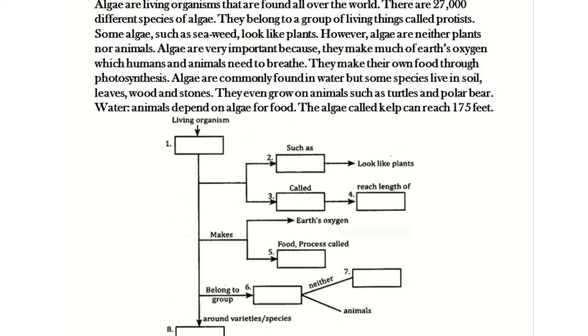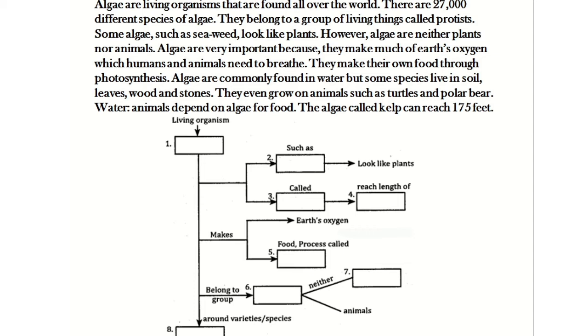Algae are living organisms that are found all over the world. There are 27,000 different species of algae. They belong to the group of living things called protists. Some algae such as seaweed look like plants. However, algae are neither plants nor animals. Algae are very important because they make much of Earth's oxygen which humans and animals need to breathe.